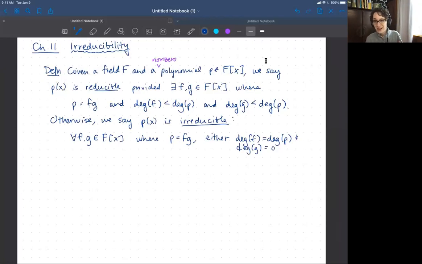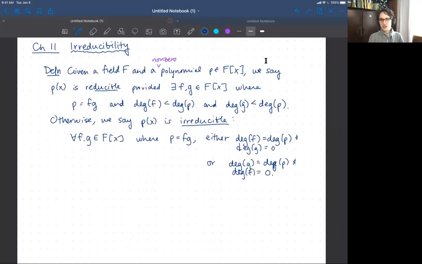So all we did was pull a constant factor out, or vice versa, or the degree of G is the degree of P, and the degree of F is 0. That's what we mean by irreducible.